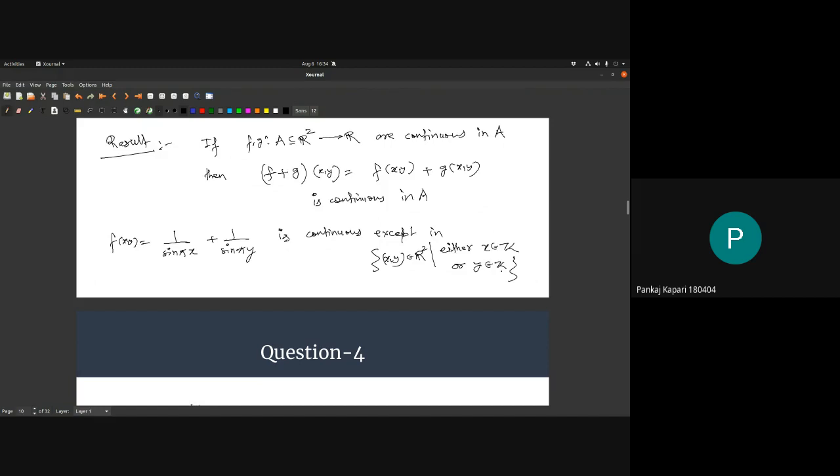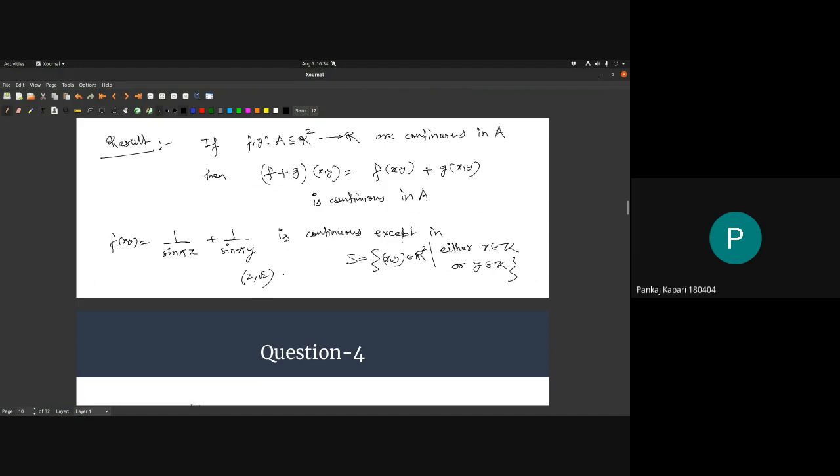So you can notice that the elements of this set are of the form where one coordinate has to be an integer. If this coordinate is, let's say, 2, then we can put anything for the other, let's say square root 2.